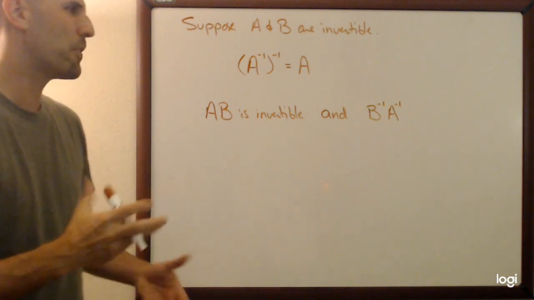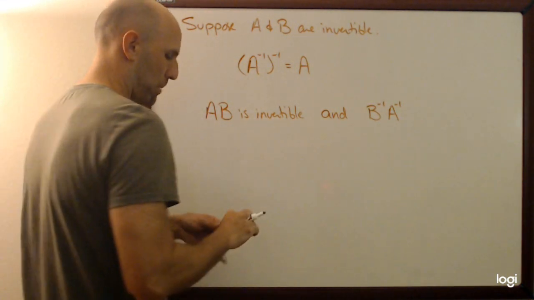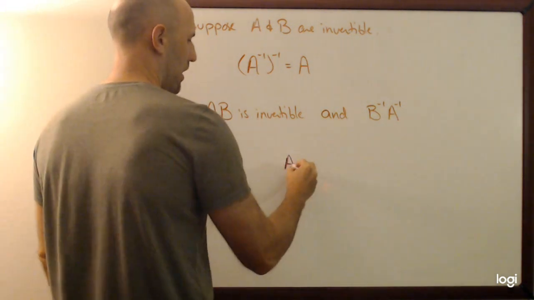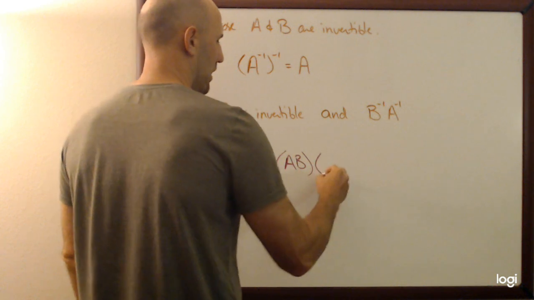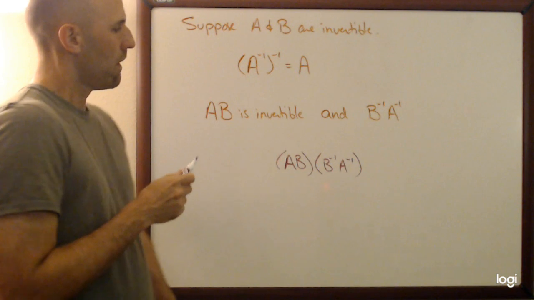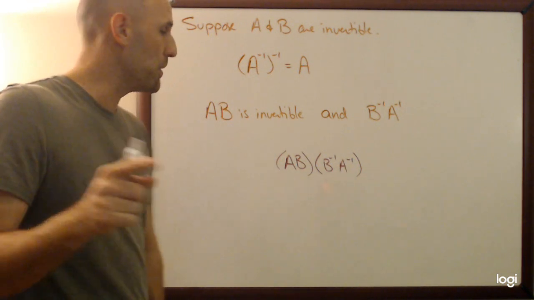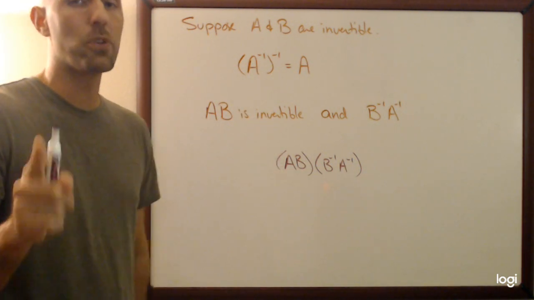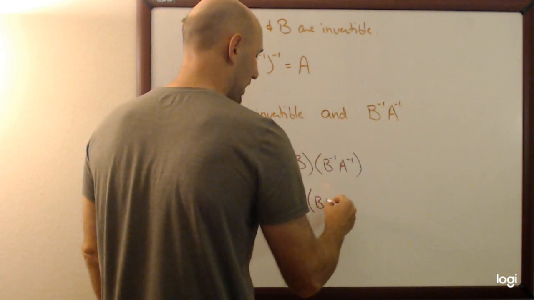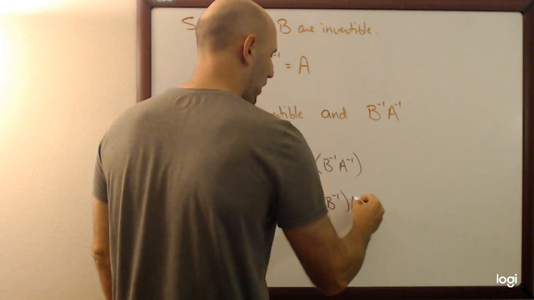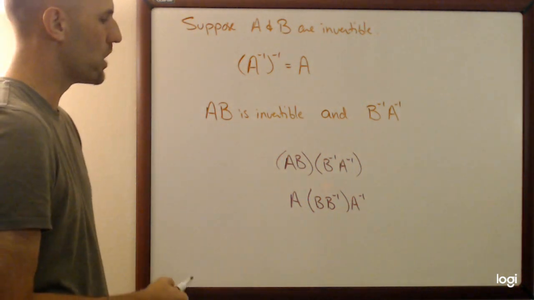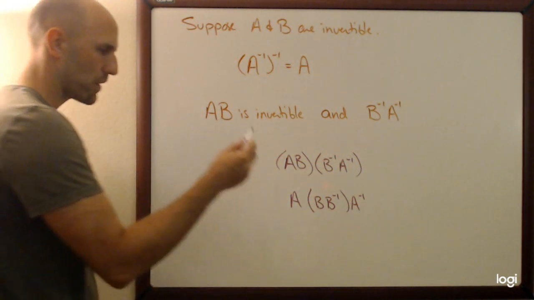Okay? If you think about it, what would happen if I actually multiplied them? So if I actually multiply AB times B inverse A inverse, well, matrix multiplication is not commutative, so I can't shuffle these around, but it is associative. And so I can rewrite it like this. Same order, right? The same actual order, but I'm rewriting which of these multiplications gets done first.